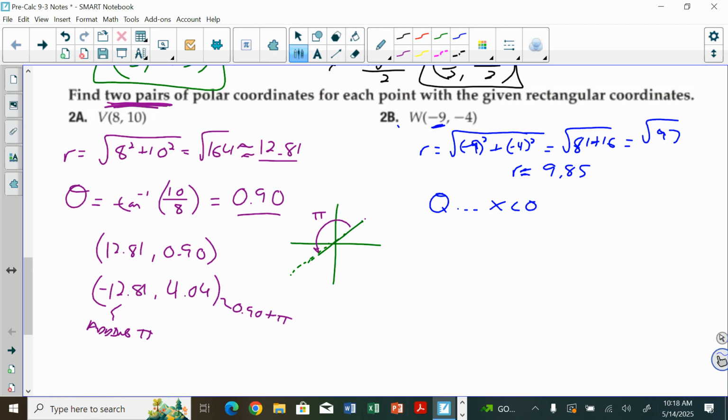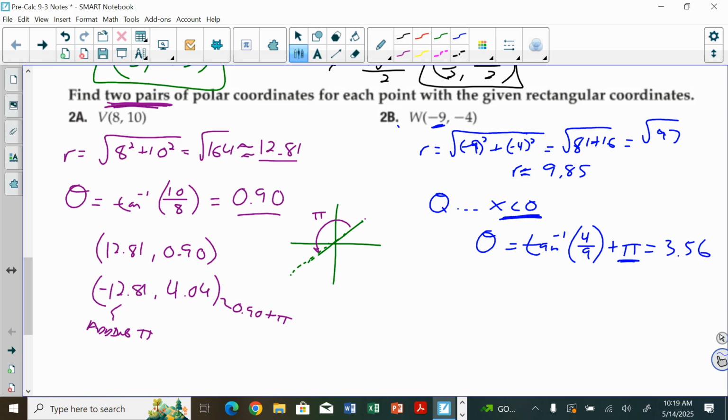We had x is negative 9. So I'm going to go theta equals inverse tangent 4 over 9, because they're both negative, so I can kind of switch them. Then I'm going to plus pi, right? Because they would take a turn positive, but because it was here, I have to add this pi at the end because x was initially negative. So now I get 3.56.